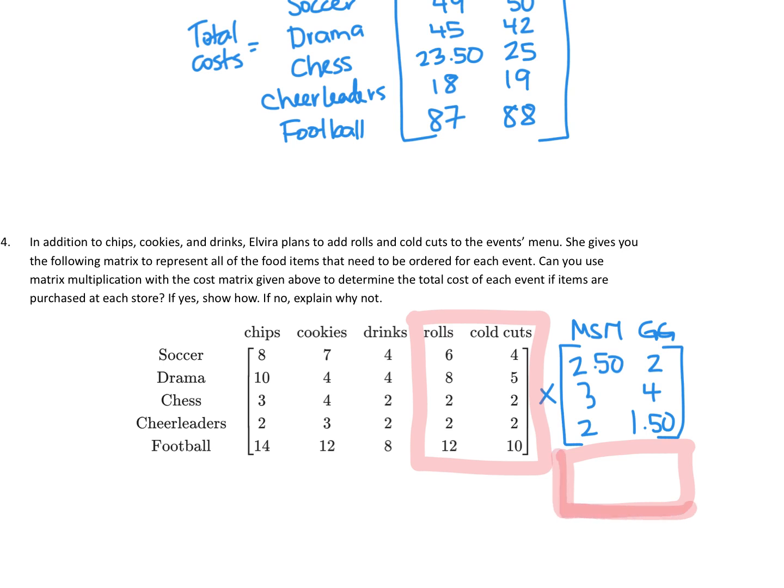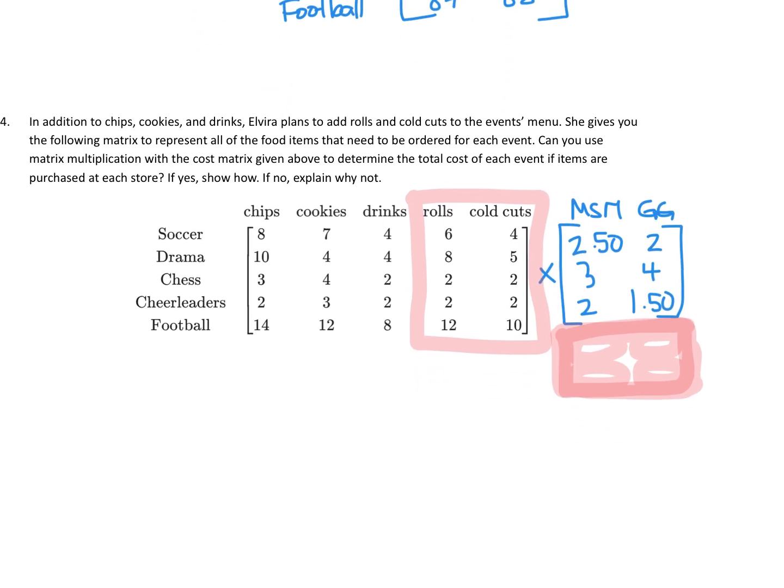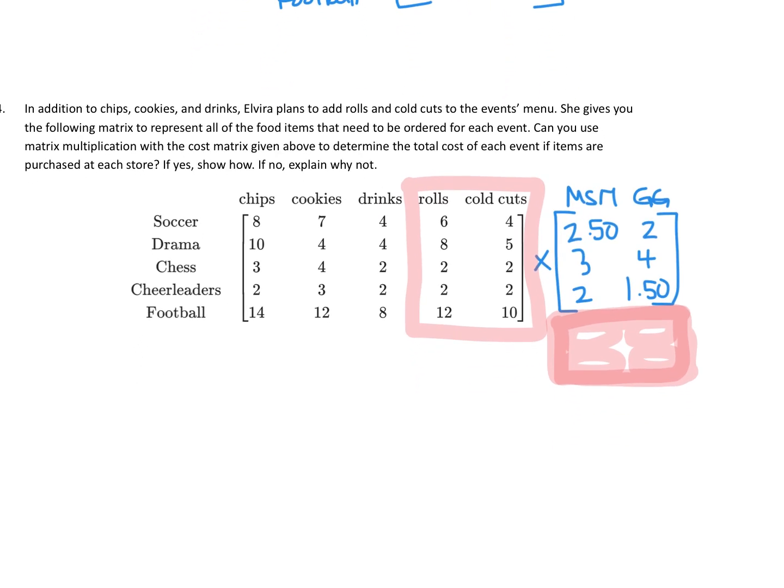We would have a cost for rolls and a cost for cold cuts under Main Street Market, and then under Grandpa's Grocery, we would have a cost for rolls and a cost for cold cuts. So we're missing 4 pieces of information in order to multiply the matrices. So we cannot do this. So I'm going to say no.